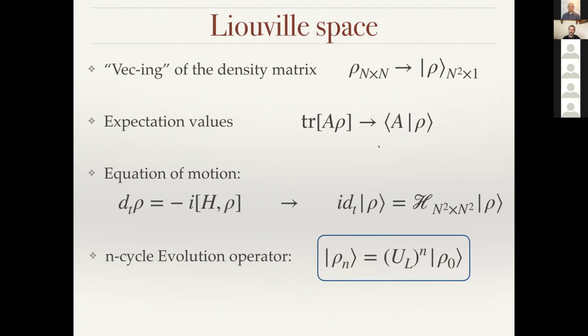The only thing I'll need for this talk is that if we ask how the density matrix looks after n cycles, then we just take the one-cycle unitary evolution operator in Liouville space, take the n-th power of it, and multiply it from the left on the vector. So we always operate from the left like wave functions, and not as we do in Hilbert space. And this is very convenient.